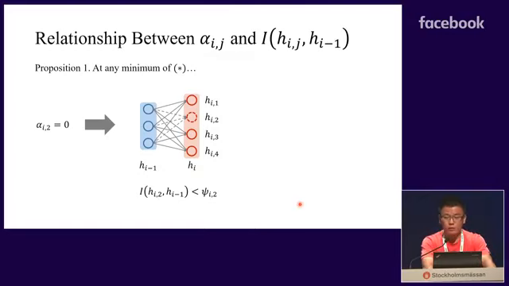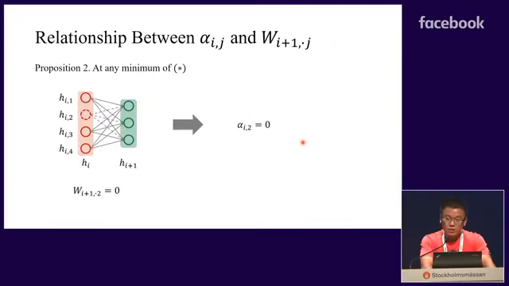And if we further add some other reasonable assumptions, we can also derive that alpha_ij equal to 0 is actually a sufficient condition for the mutual information between the corresponding neuron and its previous layer to equal 0. So this means alpha_ij can be regarded as an indicator of whether this neuron or this filter is redundant or not. So after training the network, we can prune the network according to the value of alpha_ij.